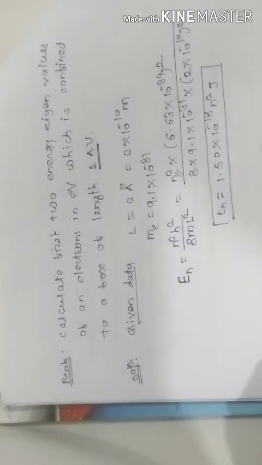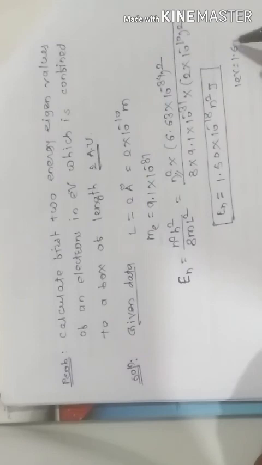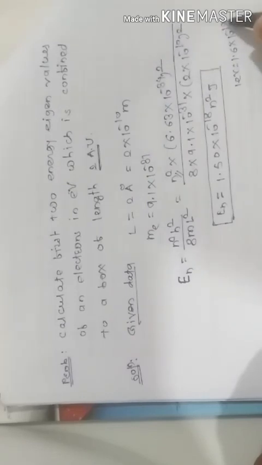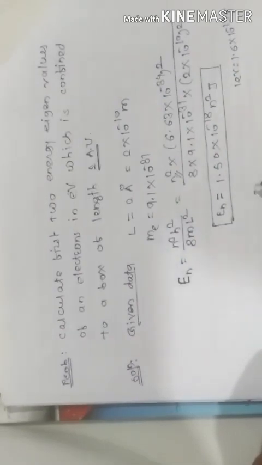Convert En into electron volts. 1 electron volt is 1.6 into 10 to the power minus 19 joule.